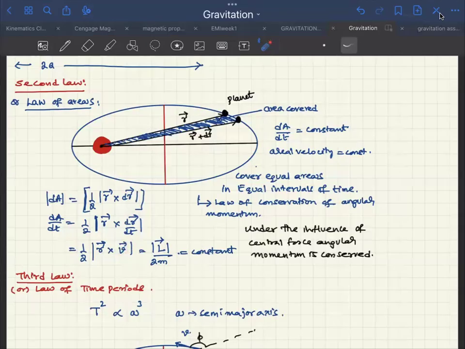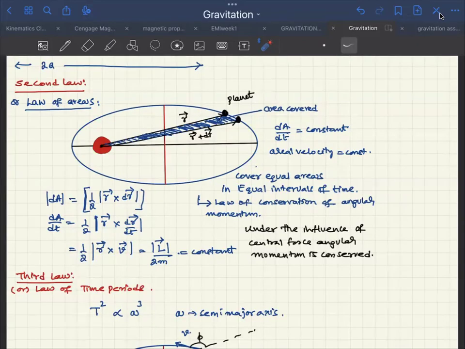This can further be written as r bar cross m v bar by 2m. Agreed? But what is r bar cross m v bar? It is the angular momentum. And there is no torque in this case, because the only force is a central force, so torque is zero and angular momentum is a constant. So areal velocity is a constant. Actually, what is the law? Areal velocity is a constant. Why is it a constant? Because angular momentum is a constant.